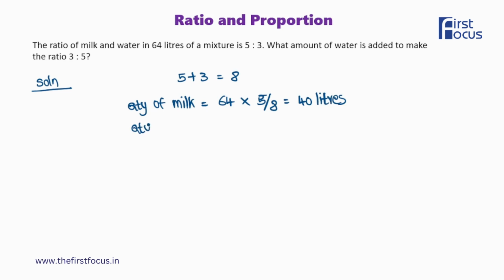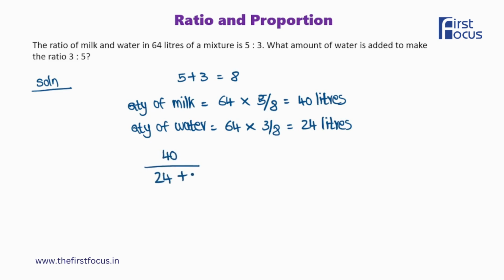In the same way, we have to find the quantity of water in the mixture. Total quantity of the mixture into the water part, that is 3 by 8. So we got 24 liters. Then milk part divided by water part plus the amount of water to be added, we can take as x, which is equal to the ratio 3:5.